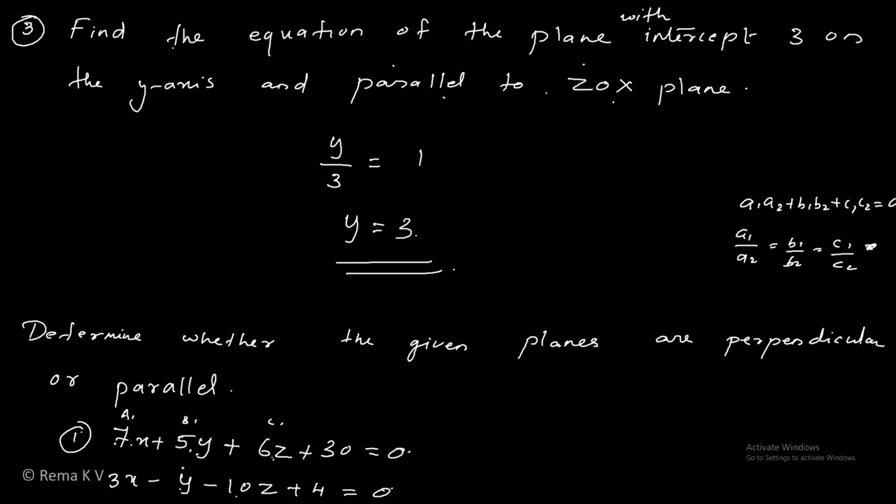This is to be taken as A2, B2, C2. You have to find A1 A2 plus B1 B2 plus C1 C2. If it is equal to 0, the planes are perpendicular. If they are proportional, A1 by A2 is equal to B1 by B2 is equal to C1 by C2, then they are parallel. Try to find out.